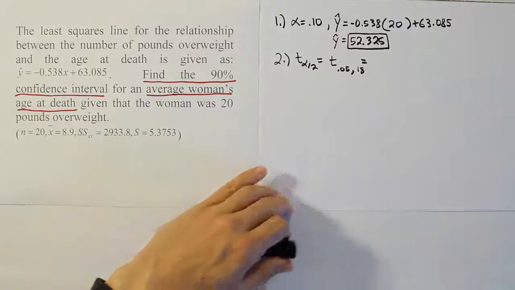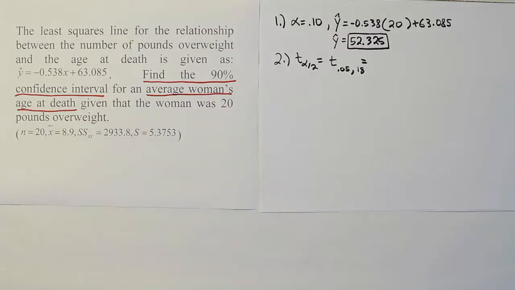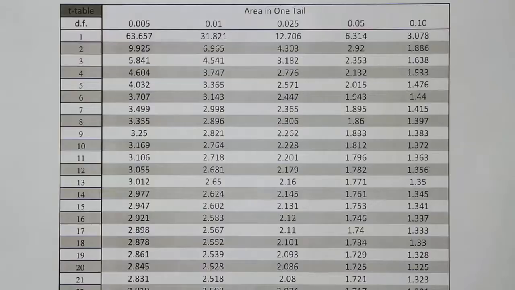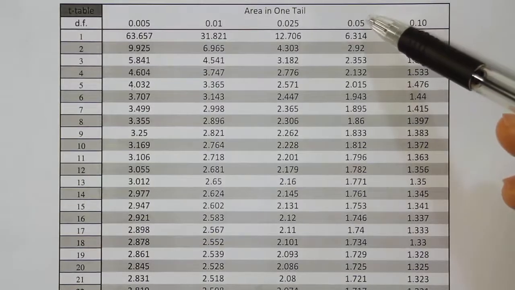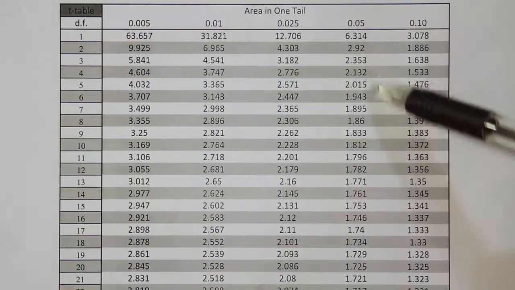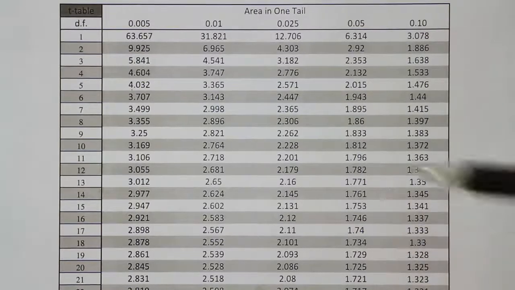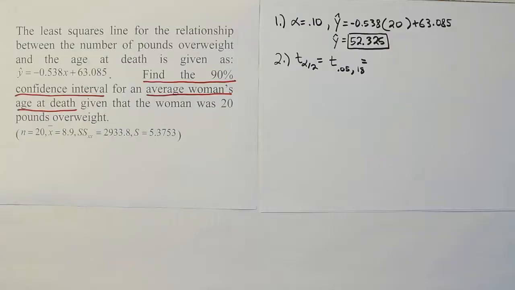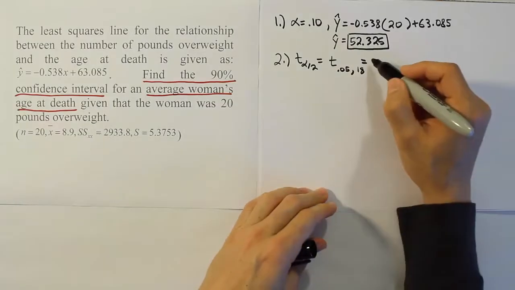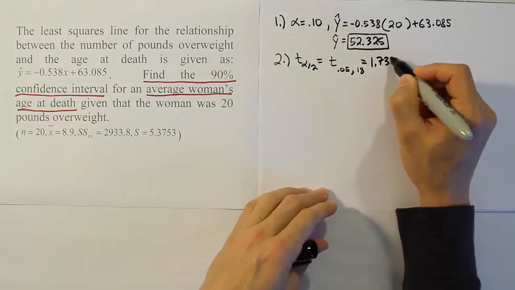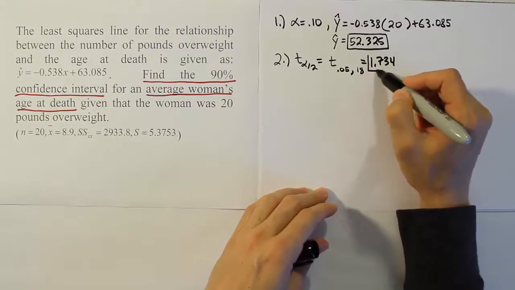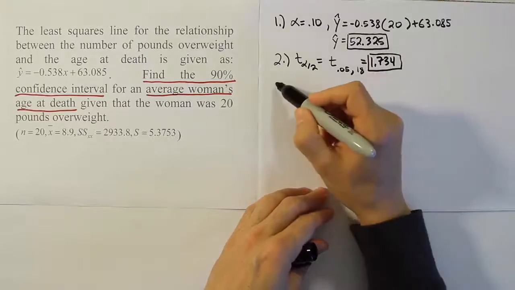We're looking at 0.05 with 18 degrees of freedom on our t-table, and we find the answer 1.734. So our critical table value is 1.734.